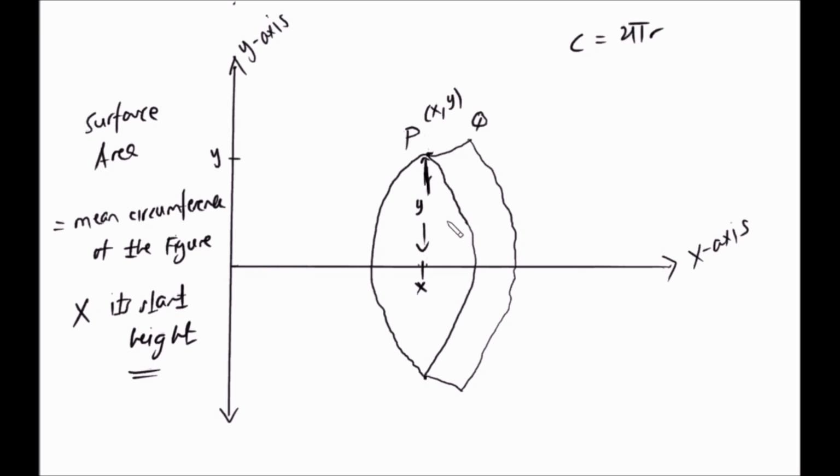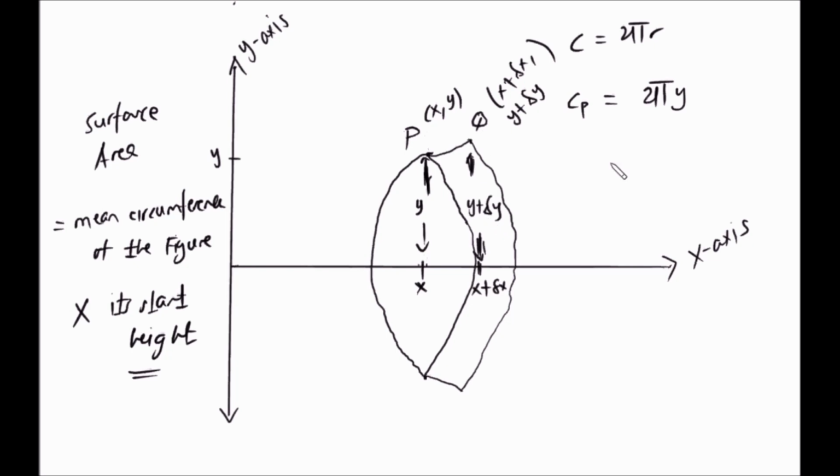Kwa hiyo circumference ya hii cycle hapa mbele tuite CP, itakuwa ni 2 pi times radius ambayo ni y. Lakini kwa cycle ya huku nyuma sasa, kwa sababu hapa at point Q ni x plus delta x, y plus delta y, kwa hiyo radius ya cycle iliyopo huku nyuma ni y plus delta y.